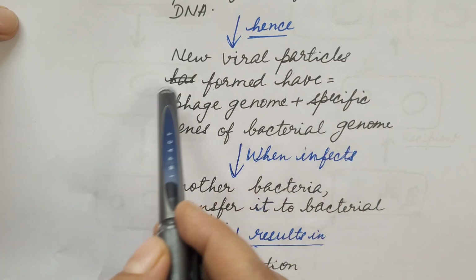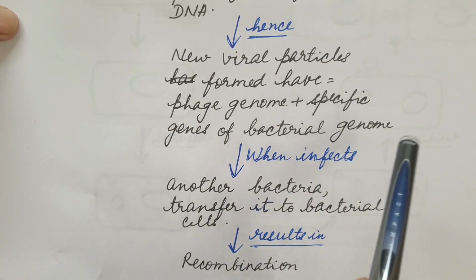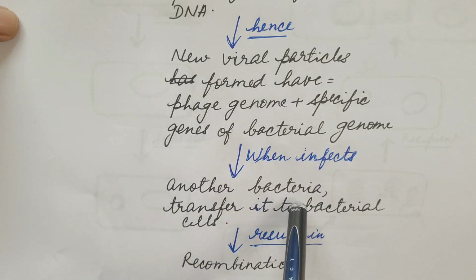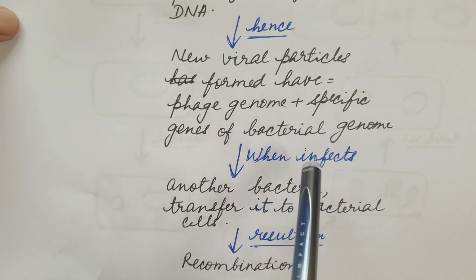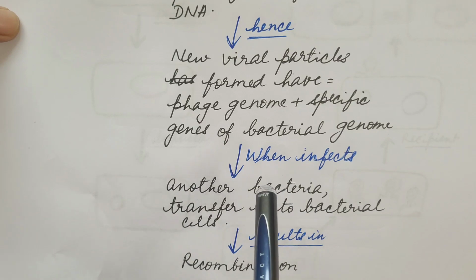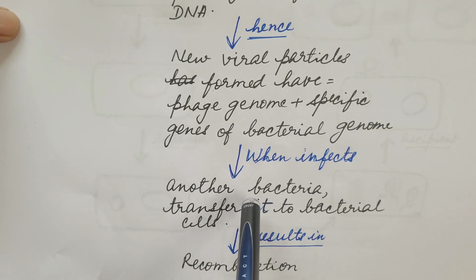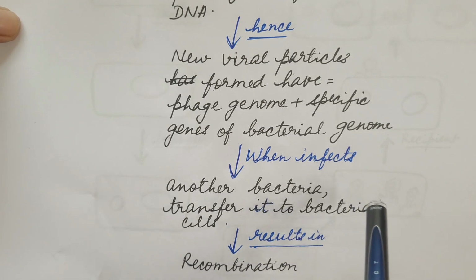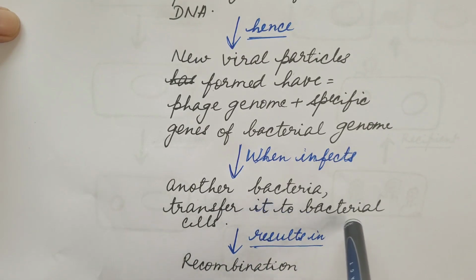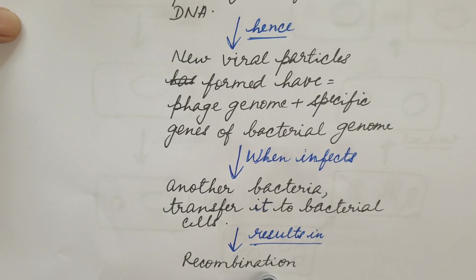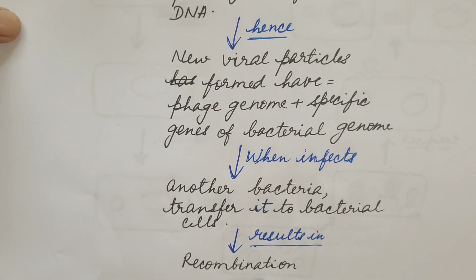So here genetic material is transferred from the donor bacteria to the recipient bacteria with the help of a virus, and only specific genes of the donor bacterial genome are transferred. So it is known as specialized transduction. Once it is released inside the recipient bacterial cell, it results in recombination, or a recombinant is formed.